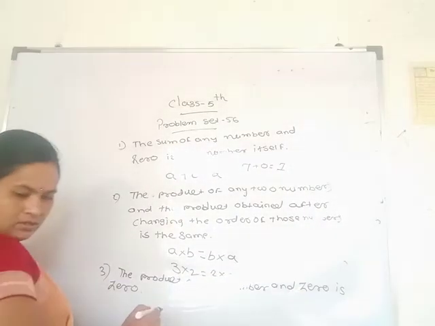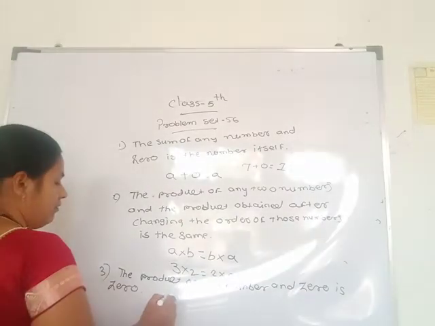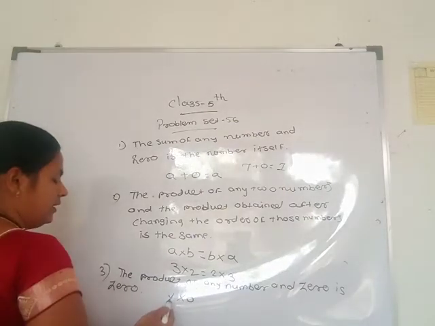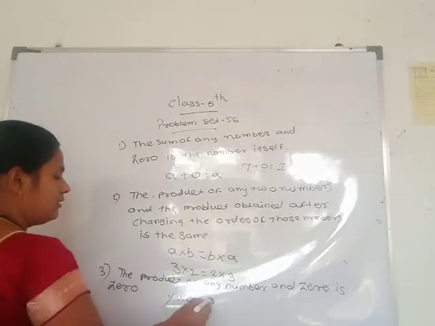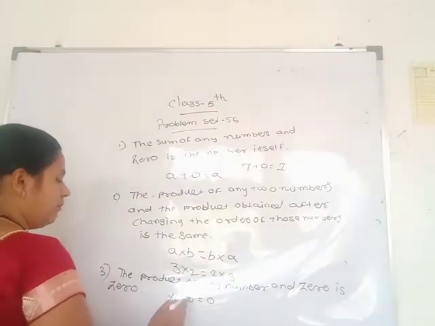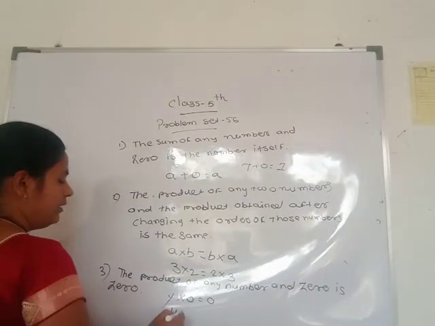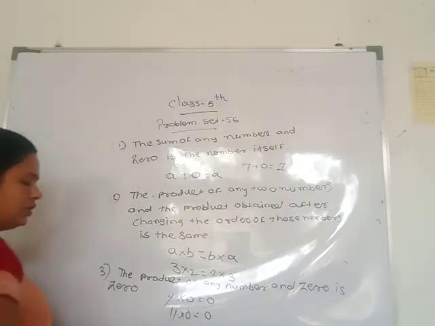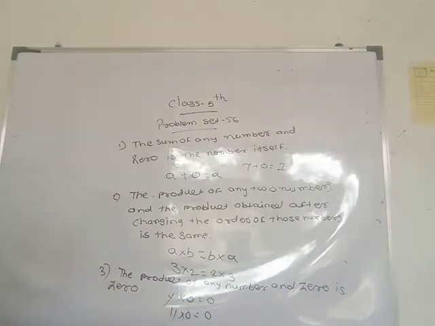Suppose here 1 into 0. The product of any number into 0 is equal to the answer 0. Then example: suppose 11 into 0. Any number and 0, the answer is always 0. Then next property.